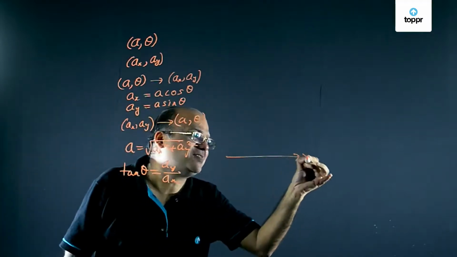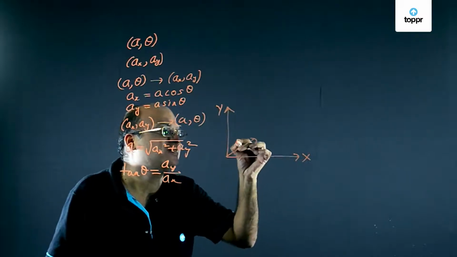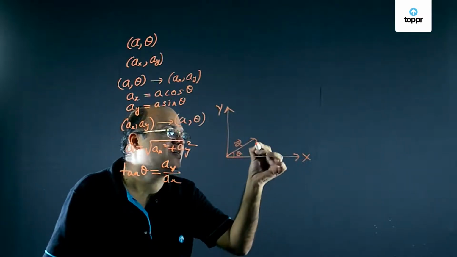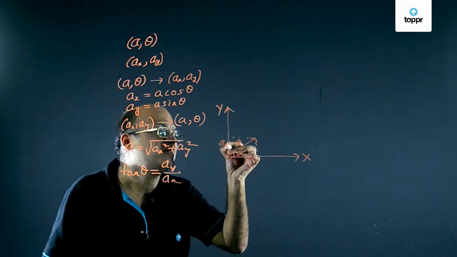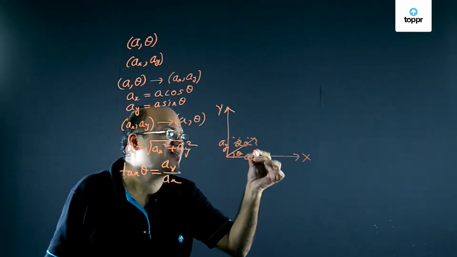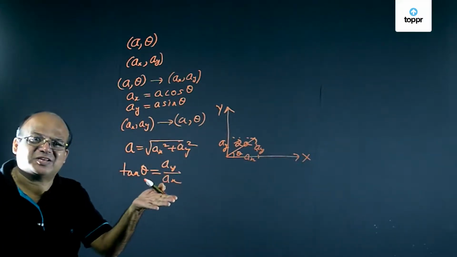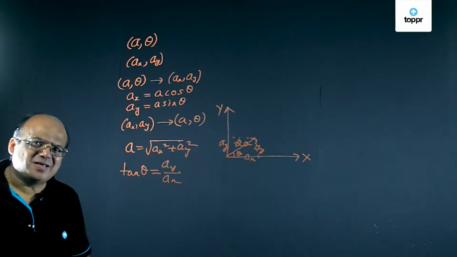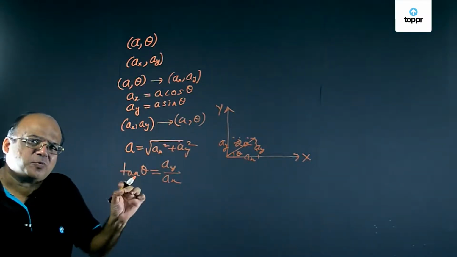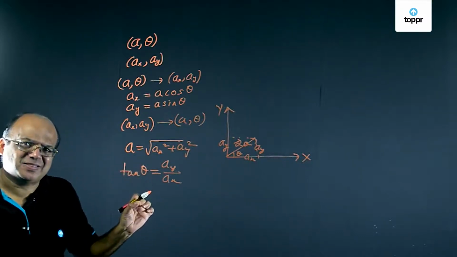This was our x-axis, y-axis, a vector, theta, this was Ax, this was Ay, this is A, this is also Ay. So you can easily see all these relationships in that simple diagram. So this is how we find components of a vector in the two-dimensional case.